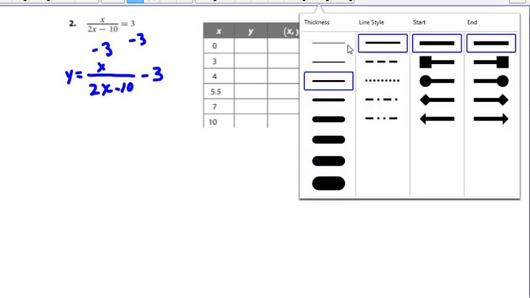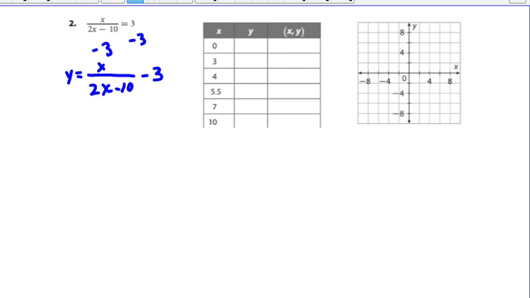I'm going to get a skinnier pen here. So if we plug in 0, we're going to get 0 for x, which makes this whole first thing 0. So we're going to get a y value of negative 3. So our coordinate's going to be 0, comma, negative 3.